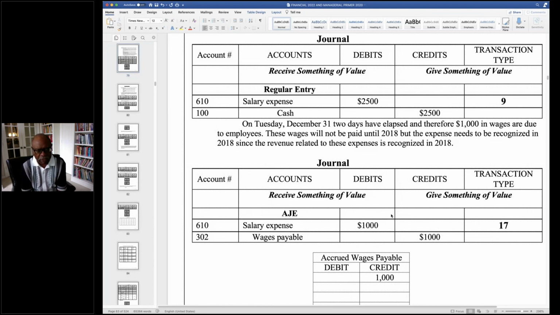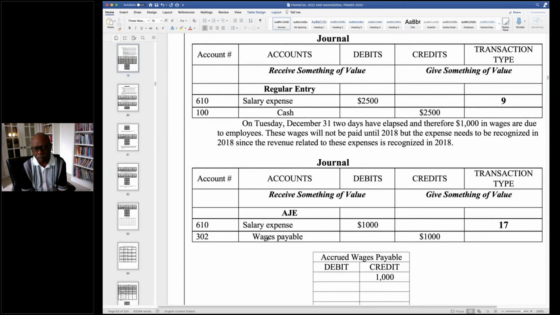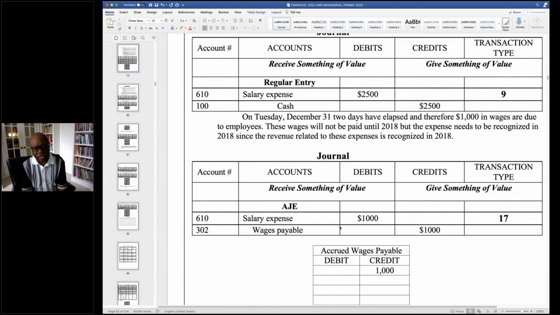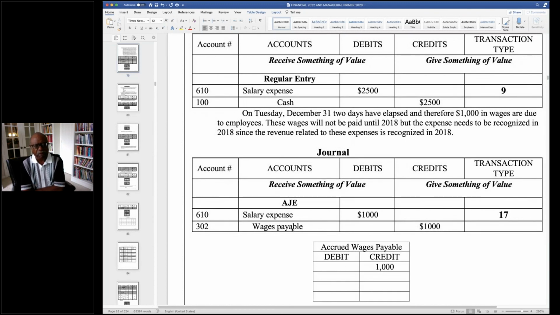So, even though the workers are not paid, they have earned the money and you owe it. If you don't show this, you don't have the correct expense, you don't have the correct wages. And remember, expenses reduce revenue when you get ready to pay taxes. So you want that amount there. So we debit salary expense and credit wages payable.